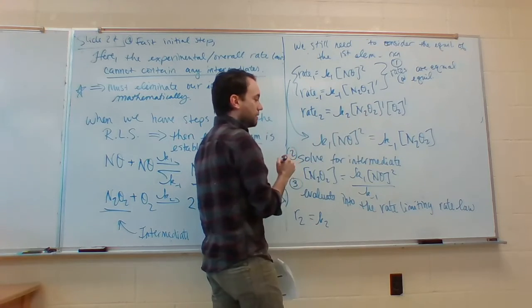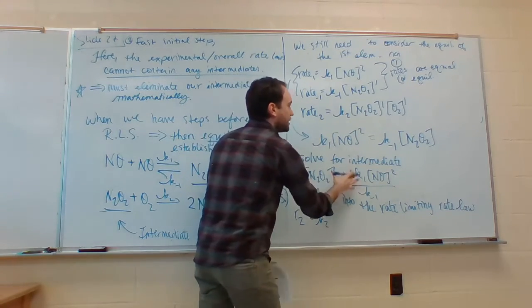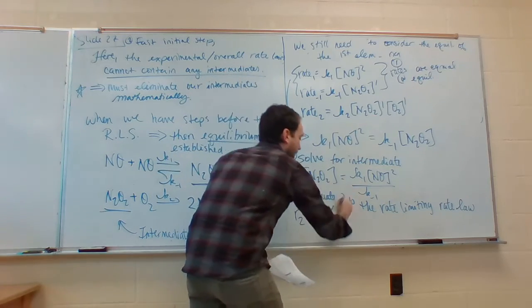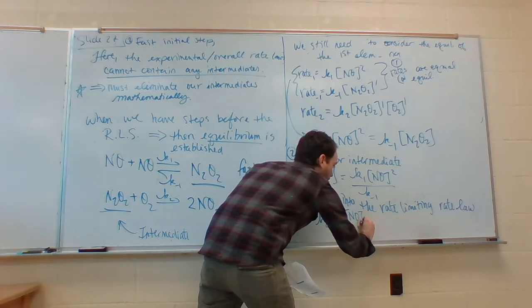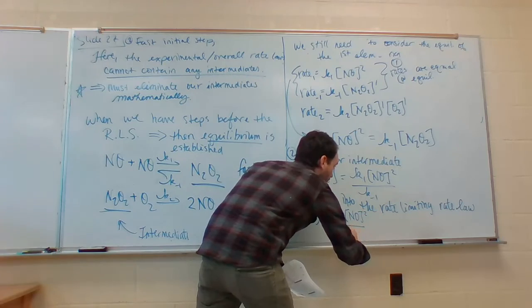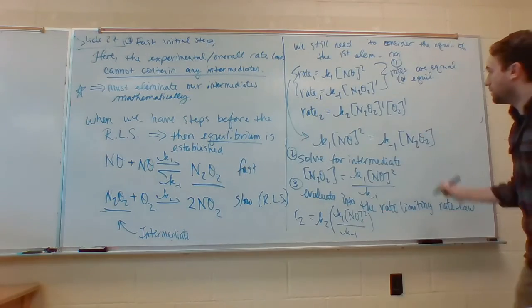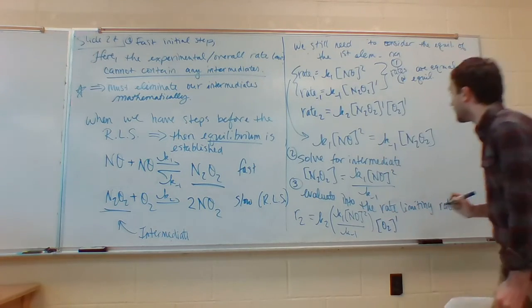Here's my intermediate. I'm going to evaluate this in as my N2O2. So I'm going to plug this in, and so I have K1 concentration of NO squared all over K minus 1 multiplied by my concentration of O2 to the first.